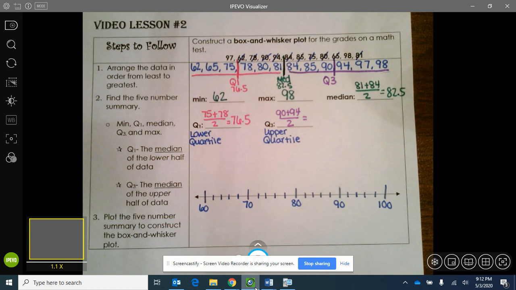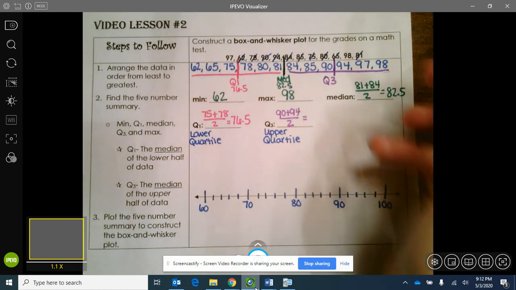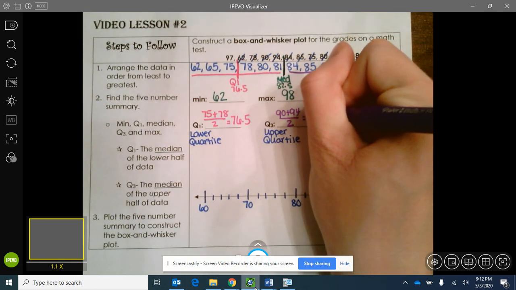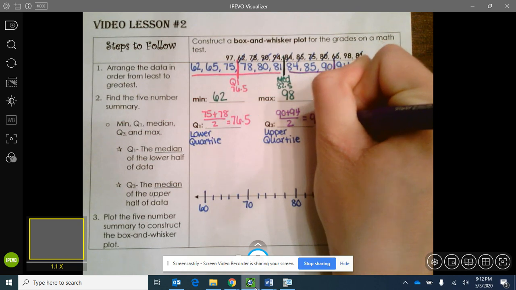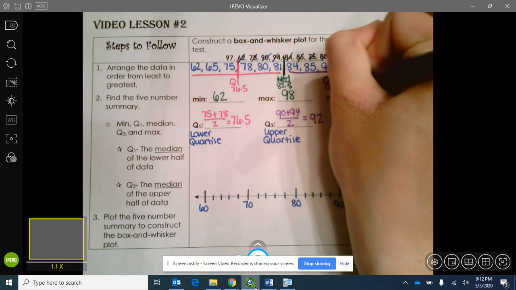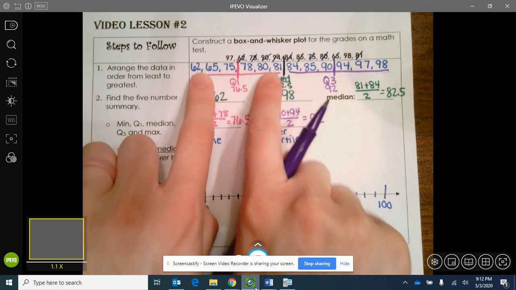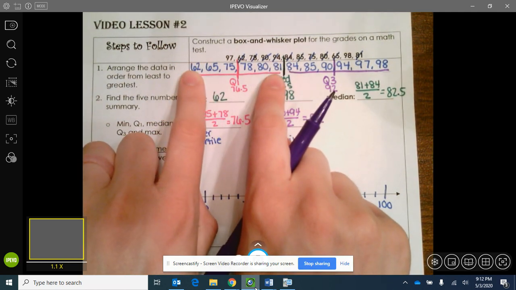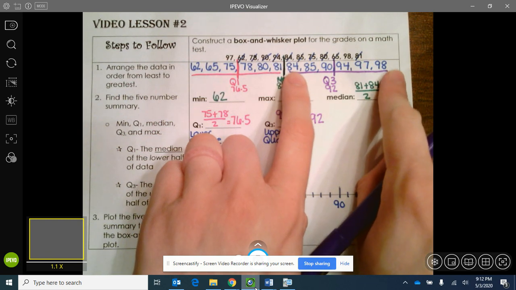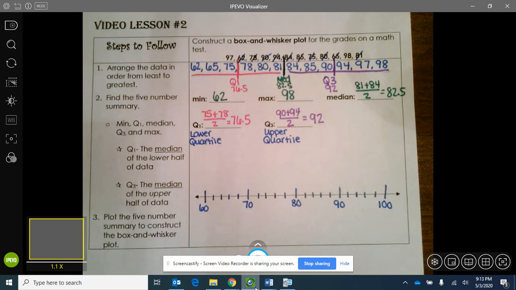So if I take 90 plus 94 and I divide it by 2, I get that my Q3 is 92. So once again, to find the Q1, you're finding the median of the lower half of the data, which would be right here. To find Q3, you're finding the median of the upper half of the data, which would be right here.